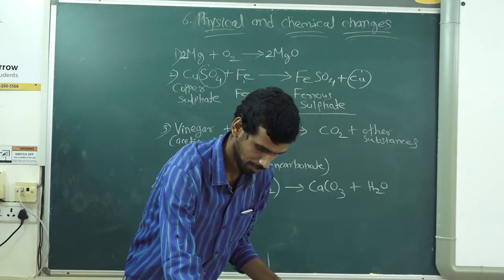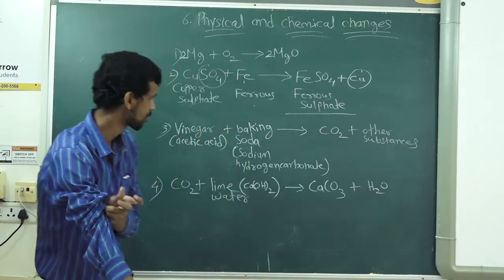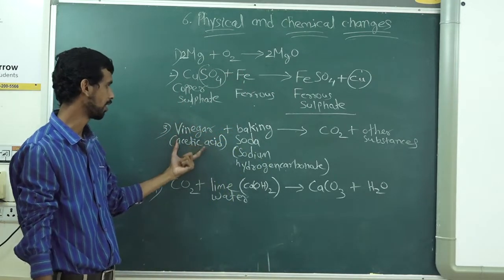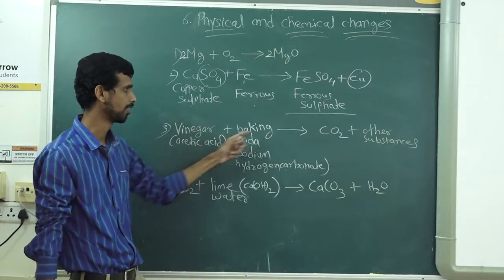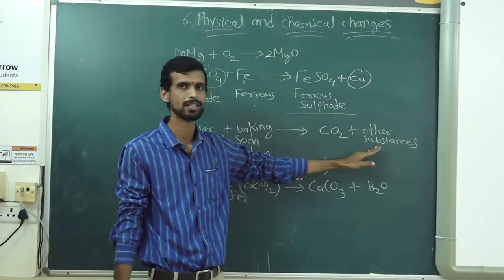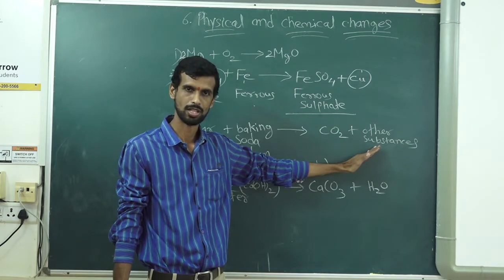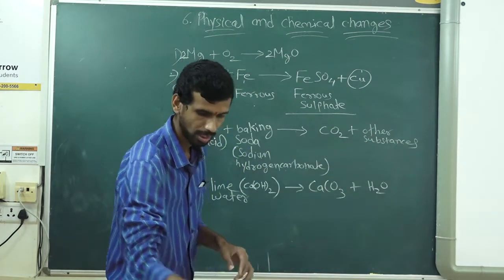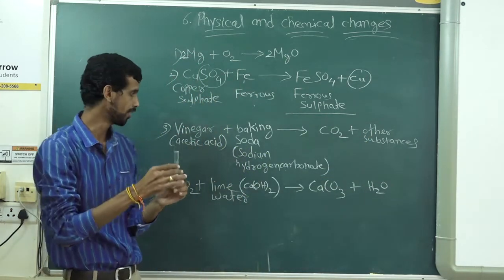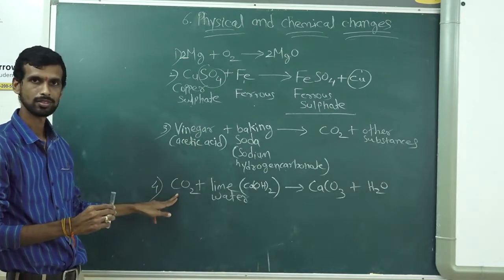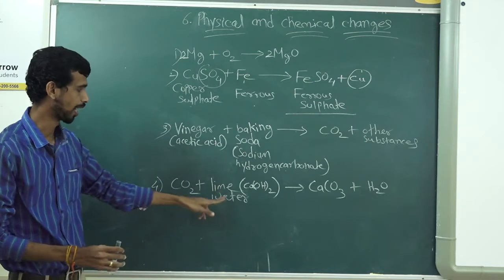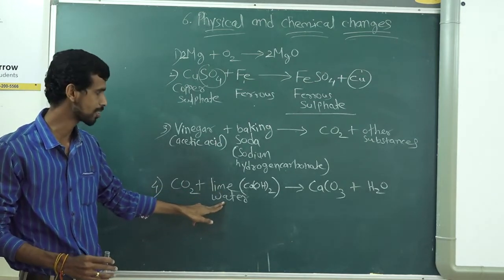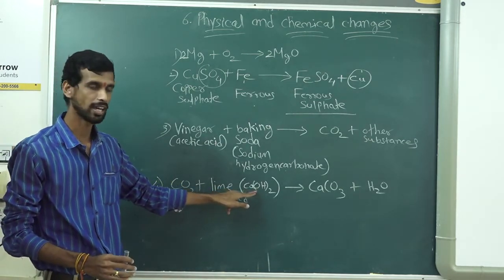So what has happened in this change? Vinegar reacted with baking soda. When we mix baking soda with vinegar, carbon dioxide is produced and some other substances are produced. And the same carbon dioxide gas, next change, when we transfer to lime water. What is the formula for lime water?